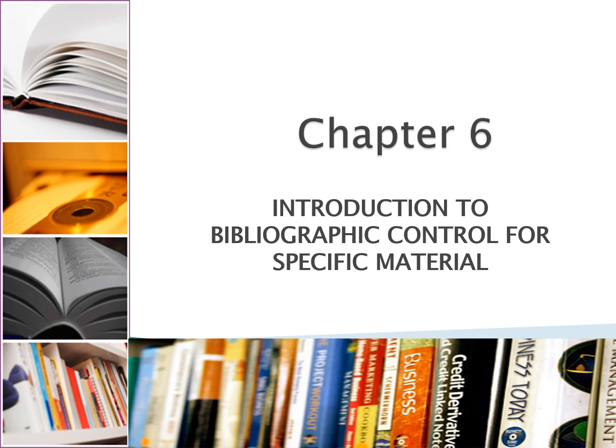In other words class, bibliographic control is the identification, the description and classification of materials of communication so that they may be effectively organized, stored, retrieved, and used when needed.